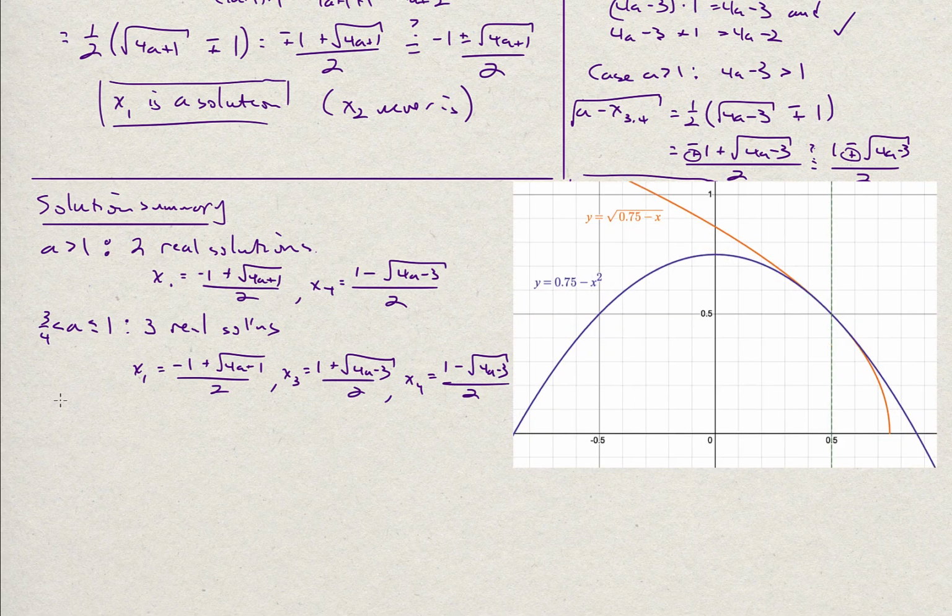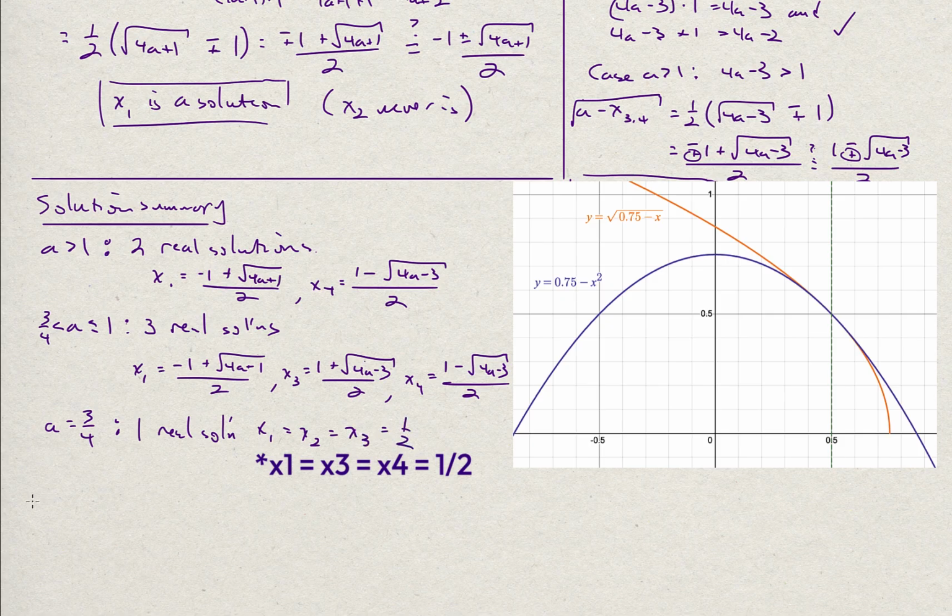So what happens when a heads towards 3/4? Well, it turns out when a is equal to 3/4, these are equal to 0, and so x3 equals x4 equals 1/2. And also, this ends up being positive 2, and so x1 is also going to be 1/2. So in this case, there's one real solution: x1 equals x2 equals x3, which is 1/2.